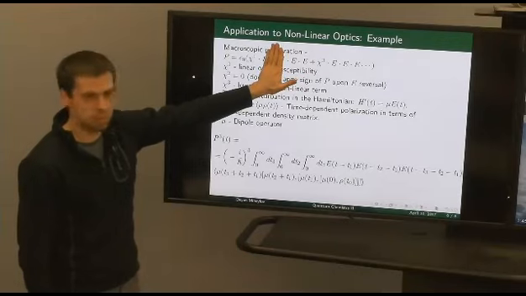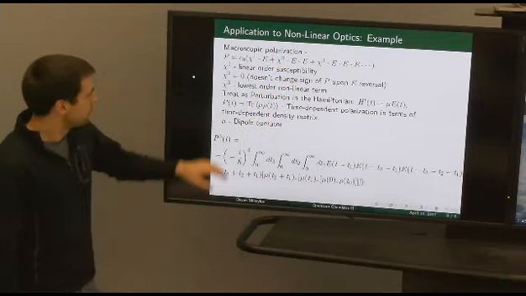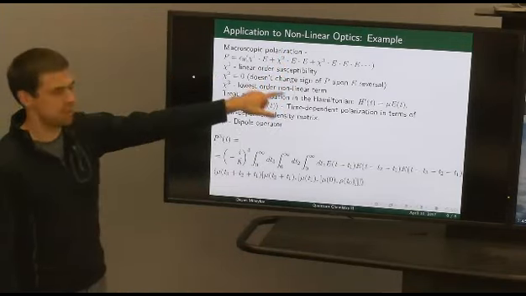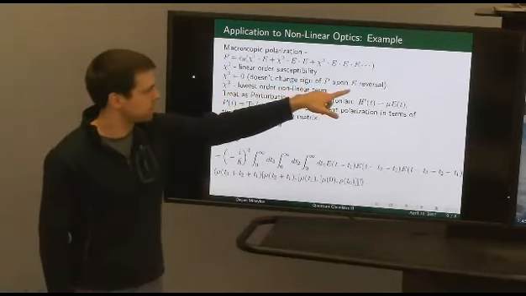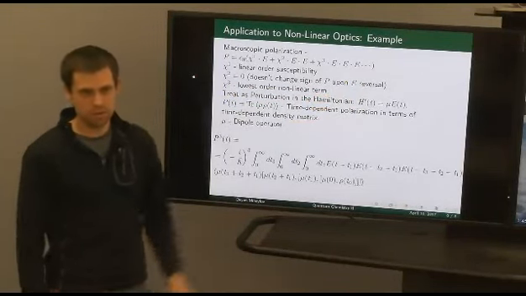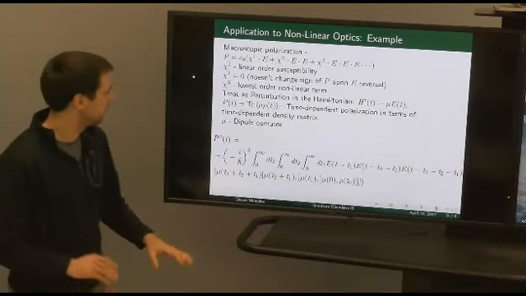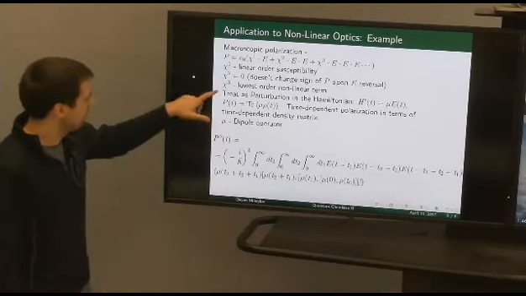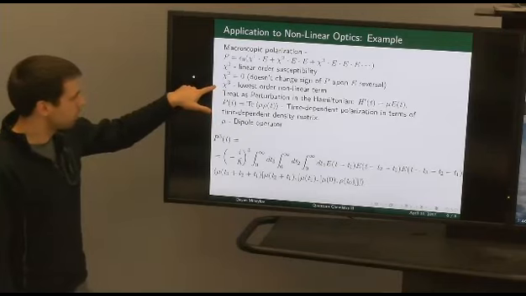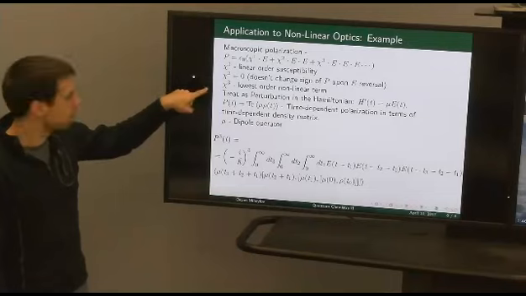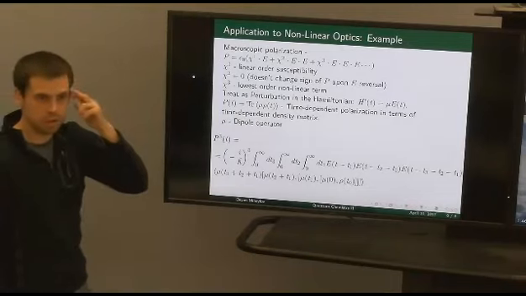So the polarization depends linearly on the electric field. This one is usually omitted for several reasons, not only because of that one. This is one of the reasons why the second order is omitted. There are other ones out there. I'm afraid to make any claims. But the third order of the susceptibility is usually the lowest nonlinear term that's taken into account.